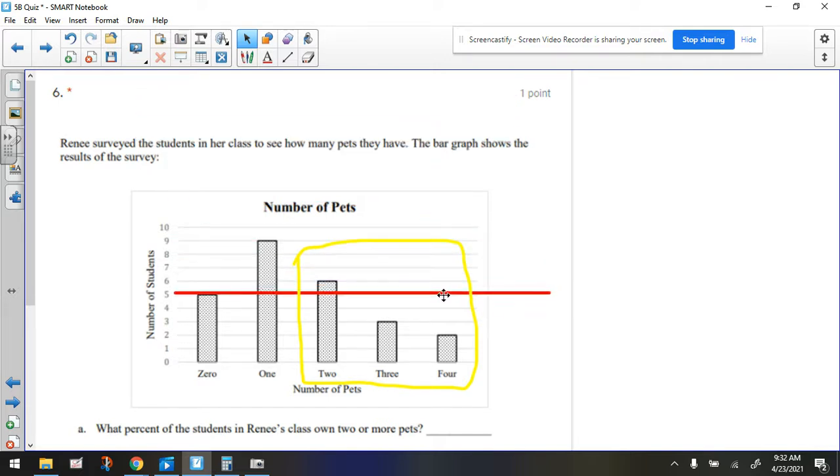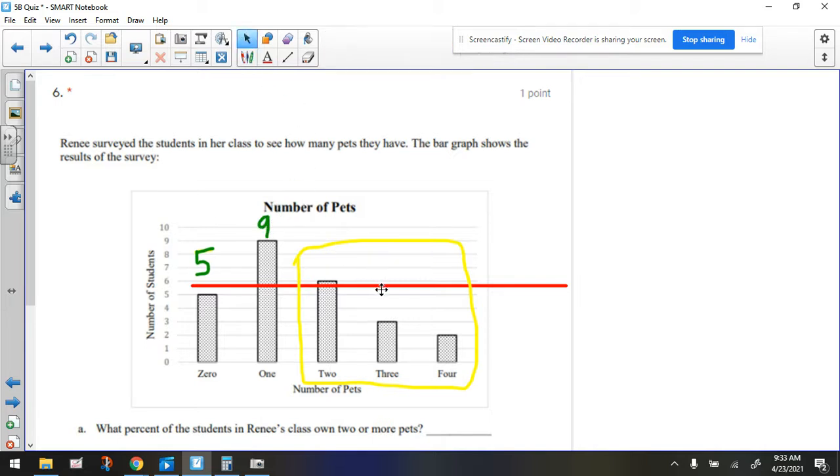But if we look at that first bar for 0, do you see how that matches up with the 5? So let's write the number 5 above that. How about we do that in green? All right, and if we look at the next bar, that next bar matches up with the 9, so we'll put a 9 above that.